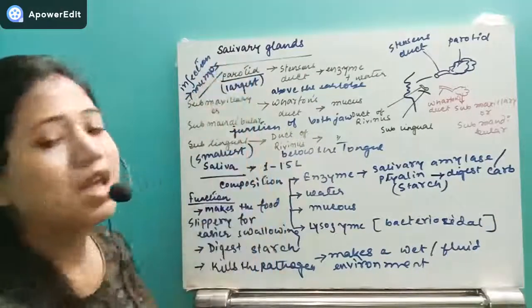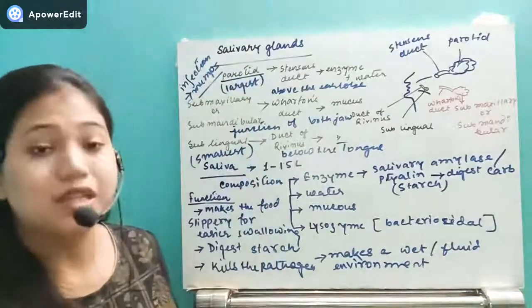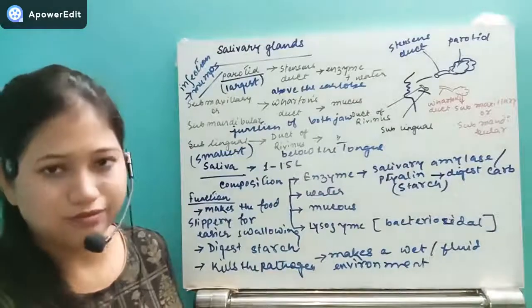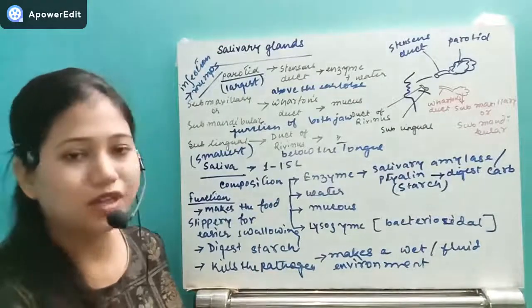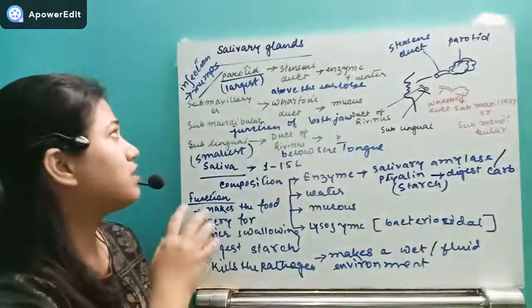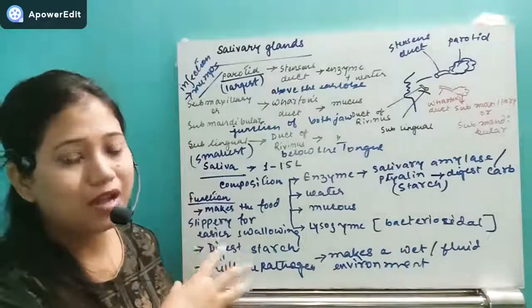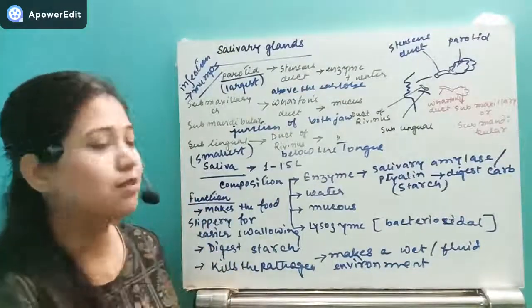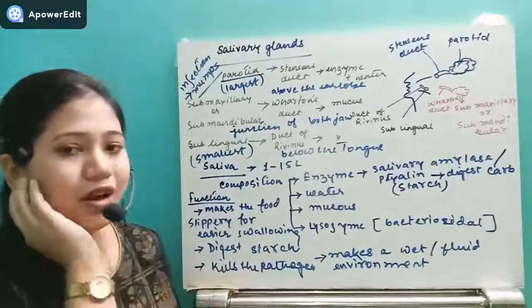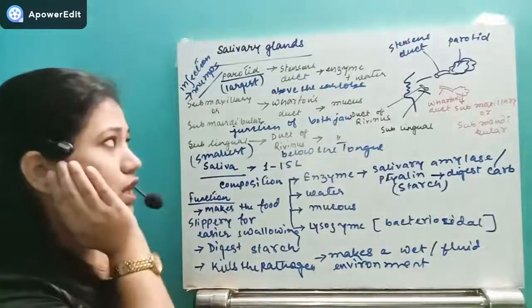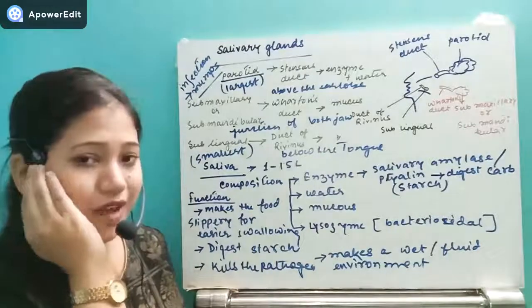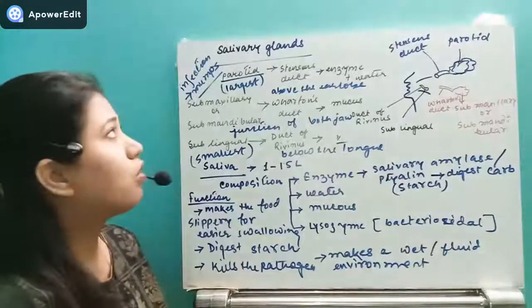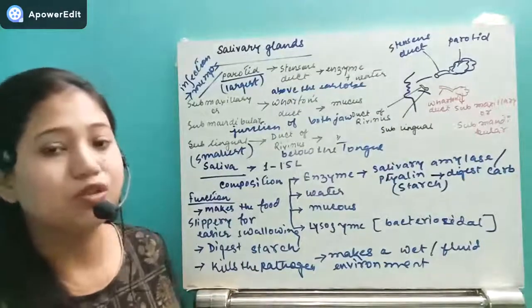Remember that mumps is a viral disease which is caused by a virus. I don't recall the name right now. So this mumps is caused by one virus, it infects the parotid gland, and we have a little bit of swelling in the region wherever we have the parotid gland. So that's all about the salivary glands you need to know.